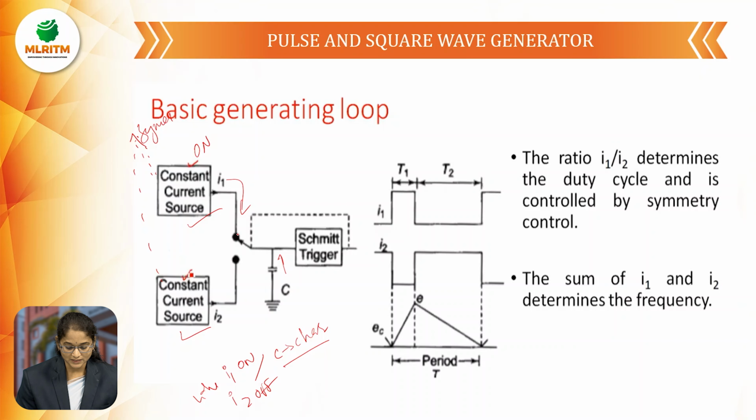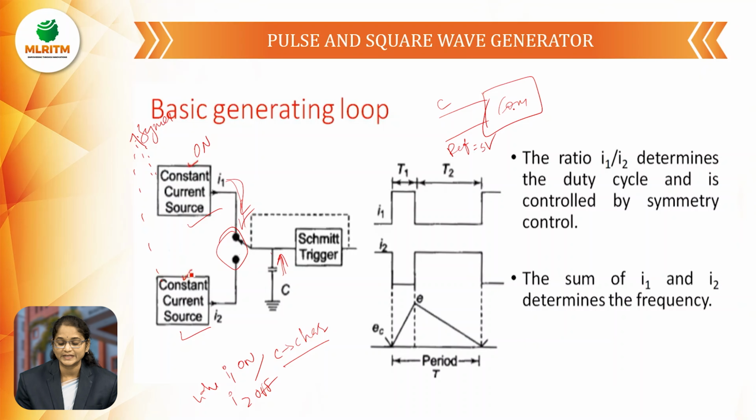Here is the switch. If it is in the on state, the switch is connected to the constant current source, and current continuously flows through the capacitor. At that time the capacitor charges, and the voltage is given to the Schmitt trigger. Whenever it reaches the reference value, this is the comparator, the reference value is 5 volts, as we already discussed.